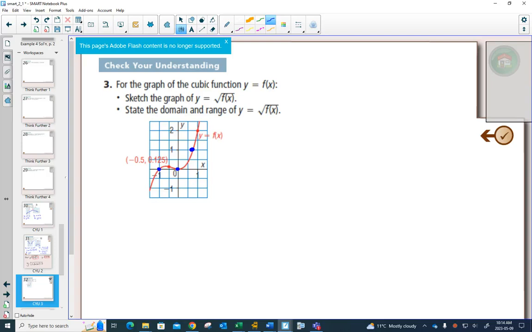Next, what did we learn? We learned that if you square root a big number, you always get something small. Like square root of 4 is 2, square root of 9 is 3. So any time that your y values are bigger than 1, your square root graph has to be below the red graph.